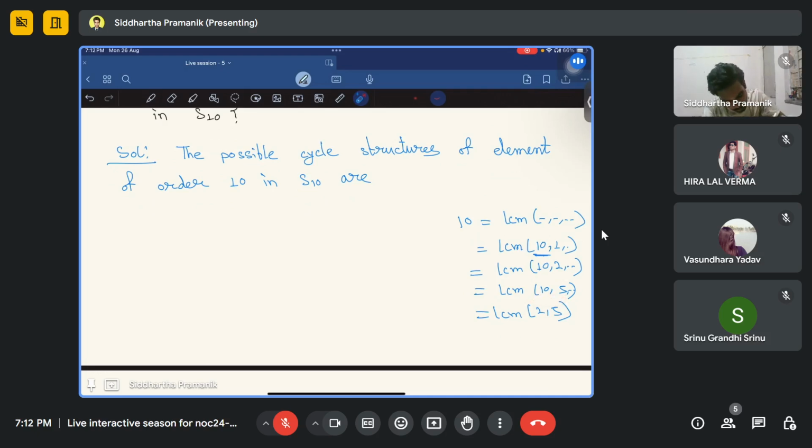We can have a product of a 2 cycle and a 5 cycle. So the possibilities are a 10 cycle (A1, A2 up to A10), and a product of a 2 cycle and a 5 cycle. These are the only possibilities in S10.